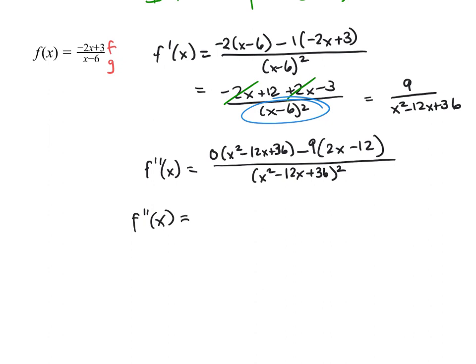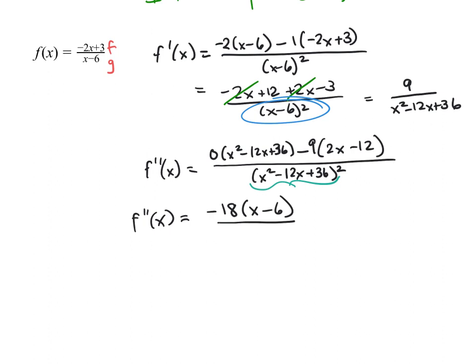So some interesting things usually happen for this. So what you'll see here is in the top, I'm actually going to factor out a 2 instead of distribute that 9. Because this happens almost every time. So if I take a 2 out of that parenthesis and put it with my negative 9, I get negative 18 over x minus 6. And now the bottom, if you recall, x squared minus 12x plus 36, that was x minus 6 squared.